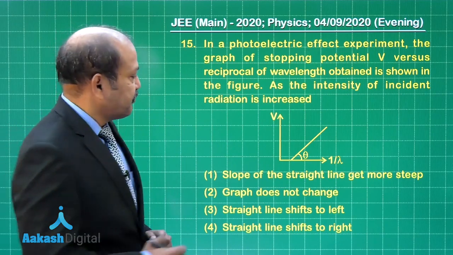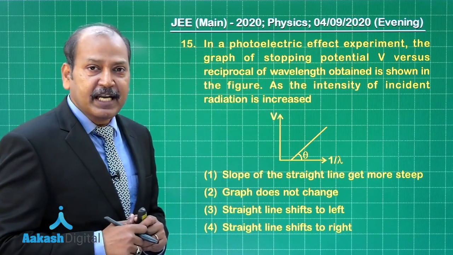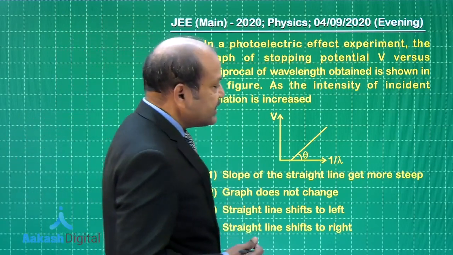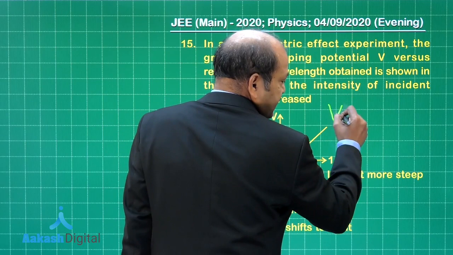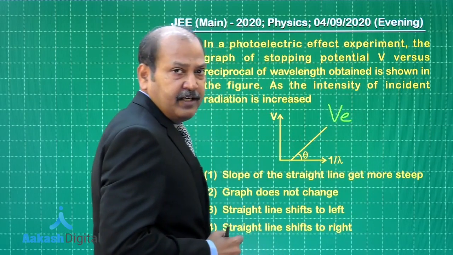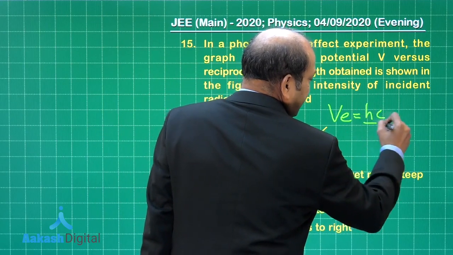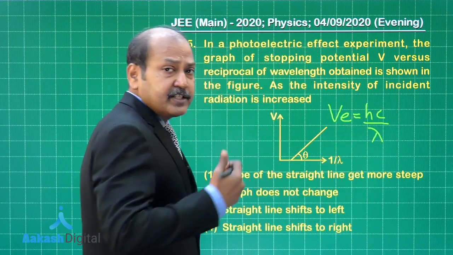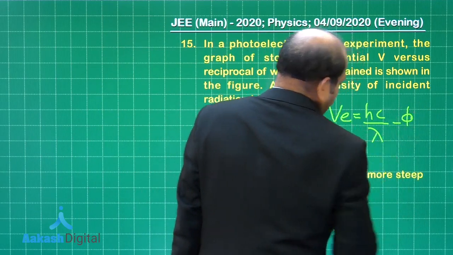Well, the graph does not change really. In fact, let us write the equation for the straight line, and from Einstein's equation we can say that V, the stopping potential into the charge of electron, V e, is equal to hc by lambda, which is the energy of the photon incident minus the work function.